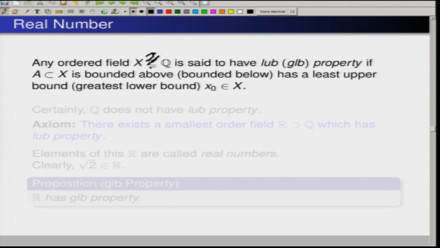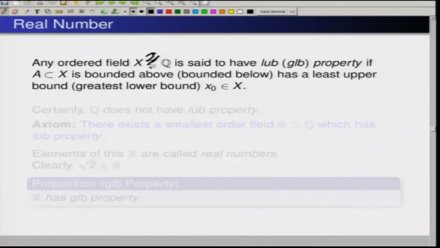Similarly, the ordered field x is said to have the greatest lower bound property if any subset A which is bounded below has an element in x which is the greatest lower bound for A.